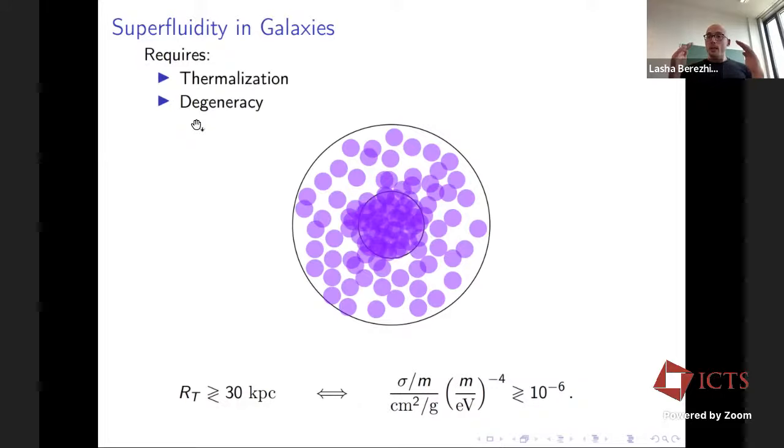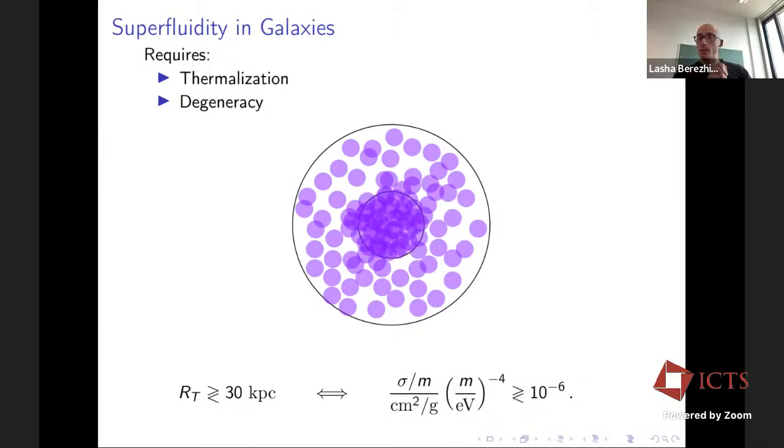So the point is that if we have thermalized particles that on average are expected classically to have de Broglie wavelengths that are significantly overlapping, then quantum statistics forces them to occupy the lowest available momentum state. And it turns out that there is a reasonable parameter space for cross-section and the mass for which you could have significant parts of the halo.